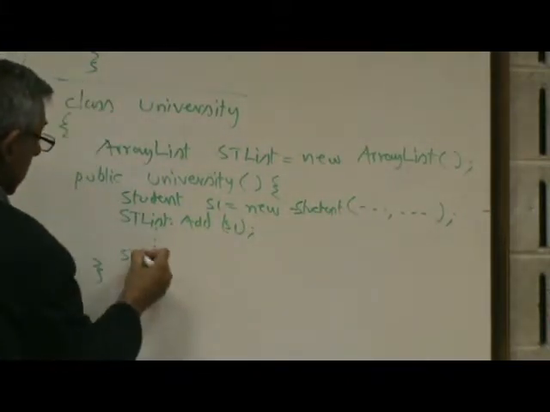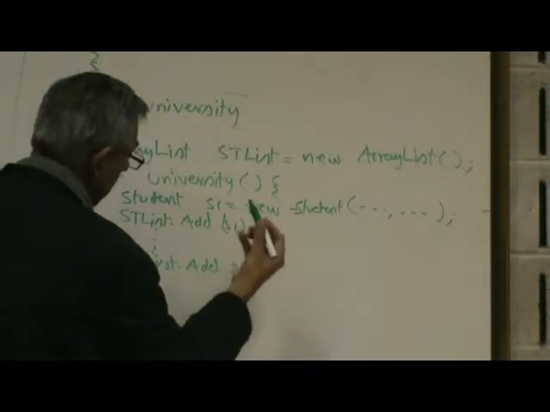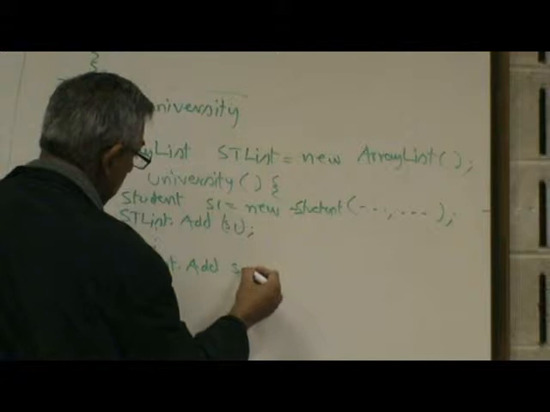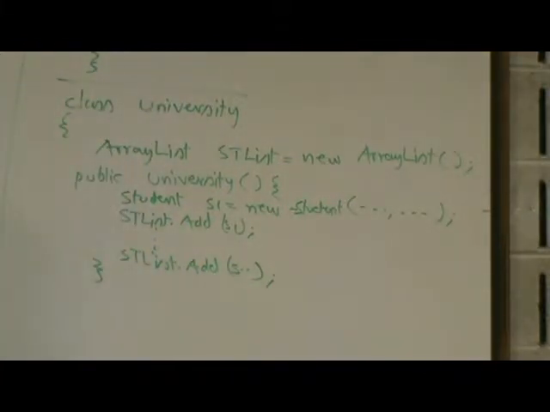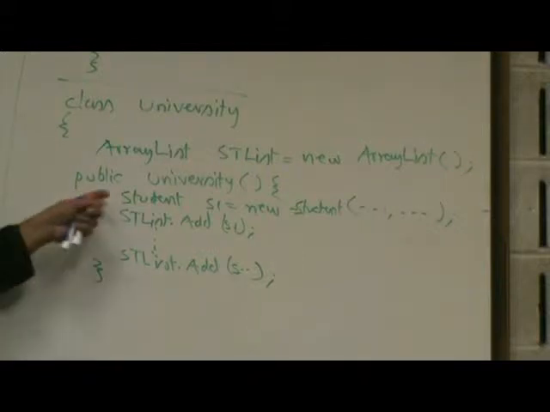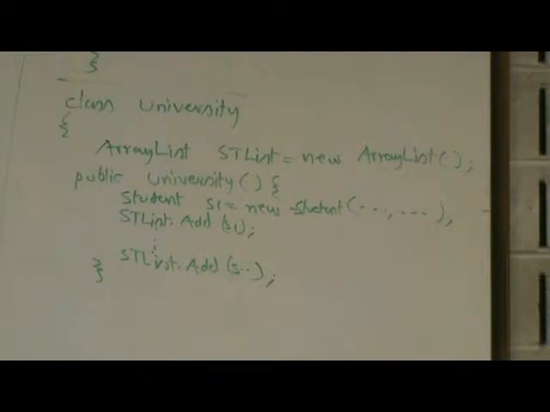And so on, stList.add. So let's pretend we add 5, 10, 100, however many students to our stList. In real life, we'll read it from the database and then populate it with whatever data we find in the students table, right?